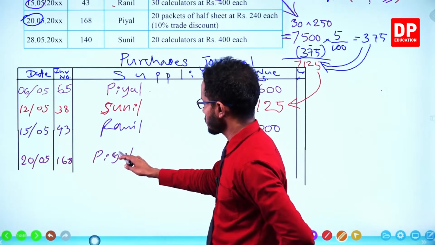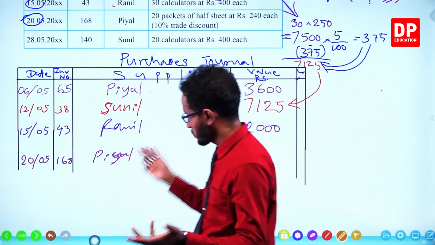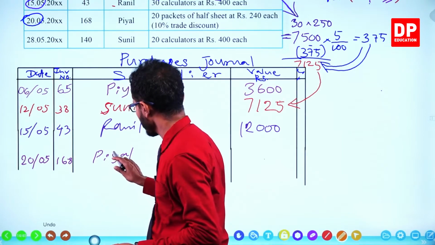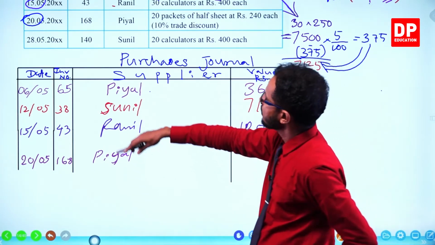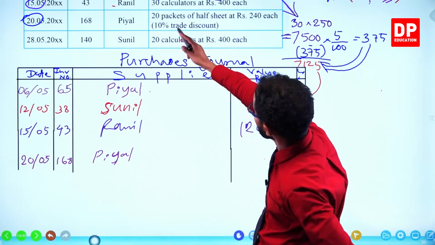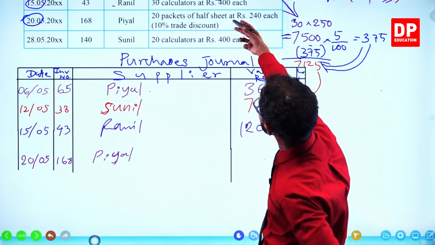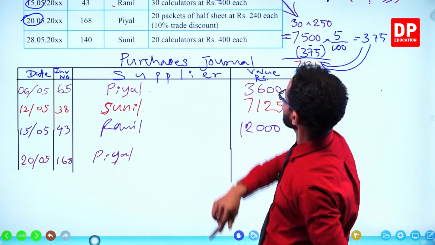That person must be a good supplier. We are buying continuously from this guy. We have bought from Piyal 20 packets of half sheets, 240 each.